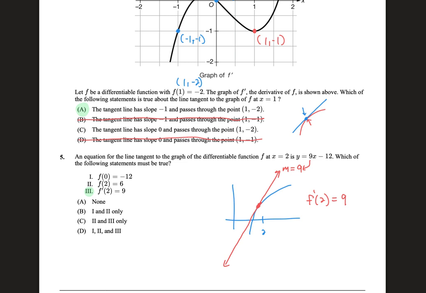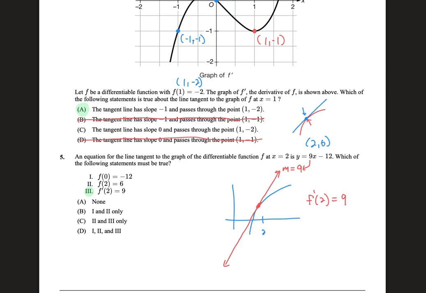Okay, and then at x equals 2, if you plug it into the tangent line, you get 6. And so that means 2 comma 6 is a point on the tangent line. But remember, the point on the tangent line shares the same point on the function.